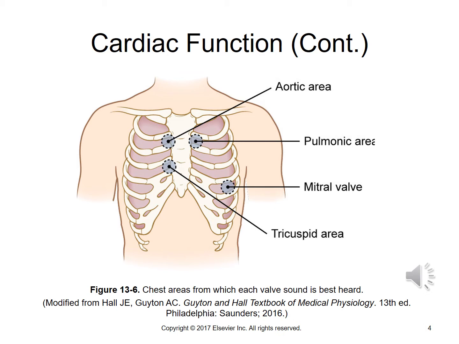The first heart sound is known as S1. That's the lub sound, or the closure of the tricuspid and mitral valves, heard best in the 5th intercostal space at the left midclavicular line. It's the beginning of the ventricular systole. The second heart sound, known as S2 or the dub sound, is closure of the pulmonic and aortic valves, best heard in the 2nd intercostal space at the left or right sternal border.